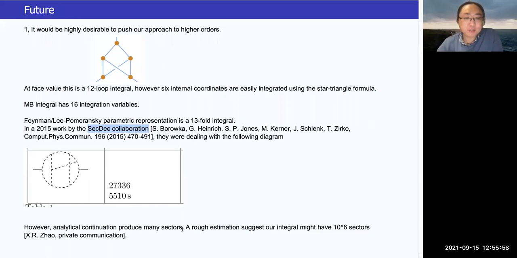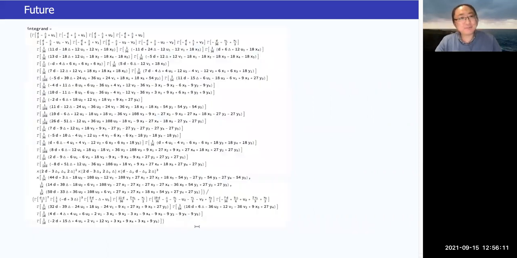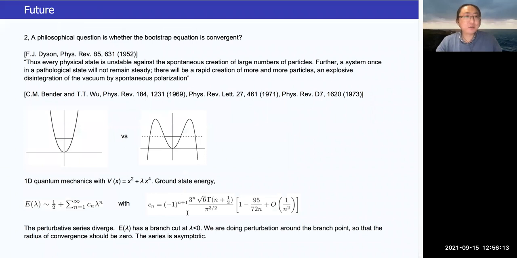In 2008, when the first bootstrap paper came out, nobody would have imagined what kind of calculation we can do nowadays, right? So I think a very important philosophical question is whether this loop recursion is convergent or not.